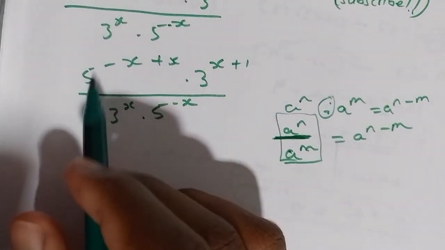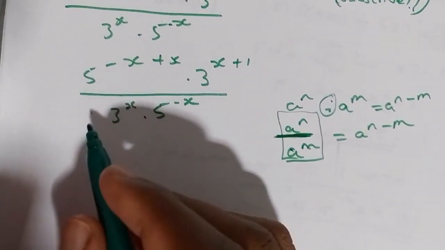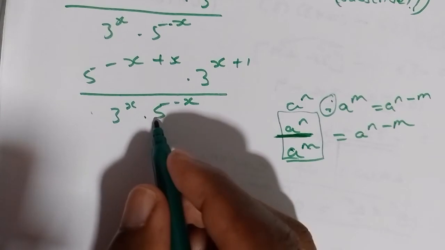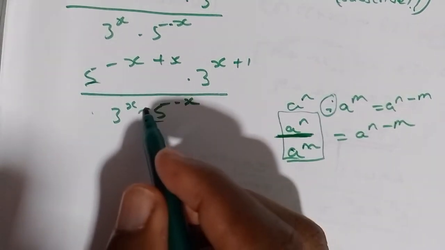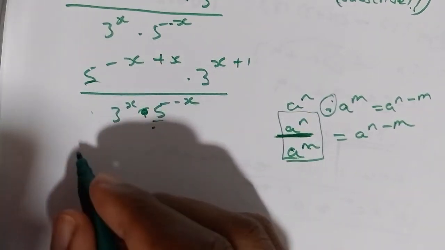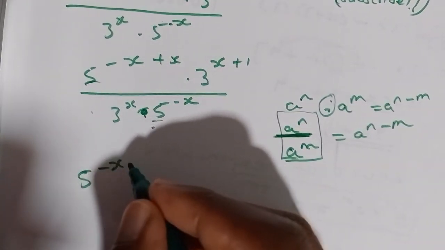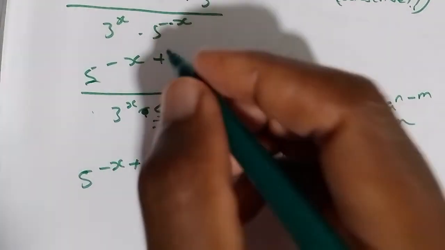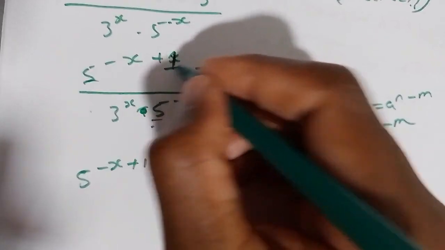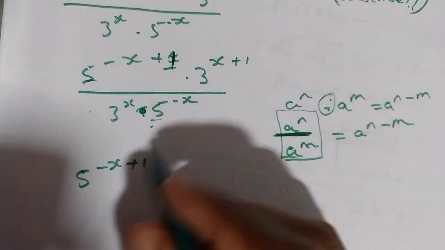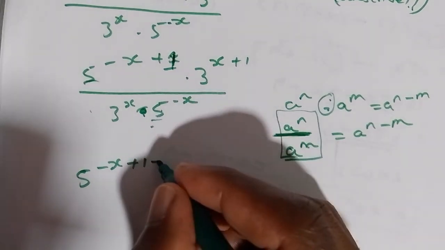Right? Okay, now here I have 5 and 5. These are similar bases. I'm just gonna have 5 to the power minus x plus 1, not plus x, plus 1. This is supposed to be plus 1. Now when I take this, I'm gonna have minus.